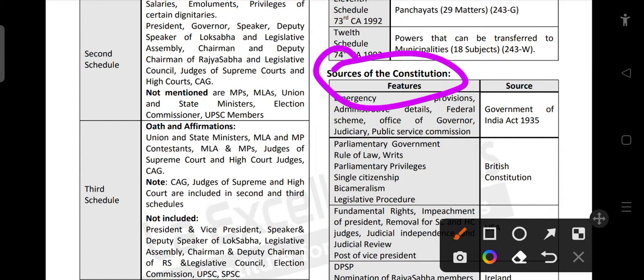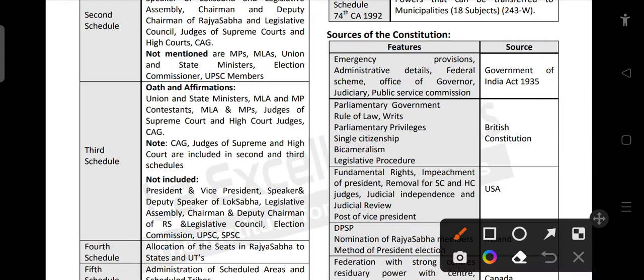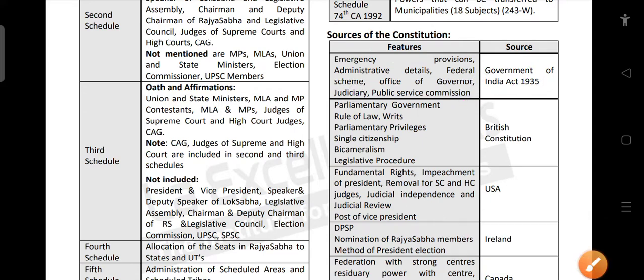So where were the different features taken from? What are the features derived from the Government of India Act 1935? The features taken are emergency provisions, administrative details, federal scheme, office of governor, judiciary, Public Service Commission. So all these are features of the Government of India Act 1935.